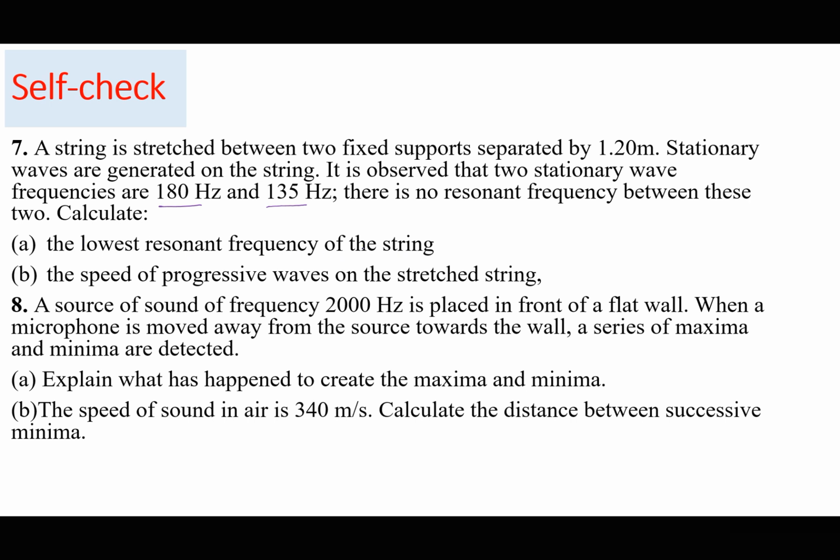Remember what we did for these frequencies. If it is a string, Fn equals n times F naught. If this is the first one, the next one differs by 1, so the next one will be Fn plus 1 equals n plus 1 times F naught. So you can say Fn is 135 and Fn plus 1 is 180.